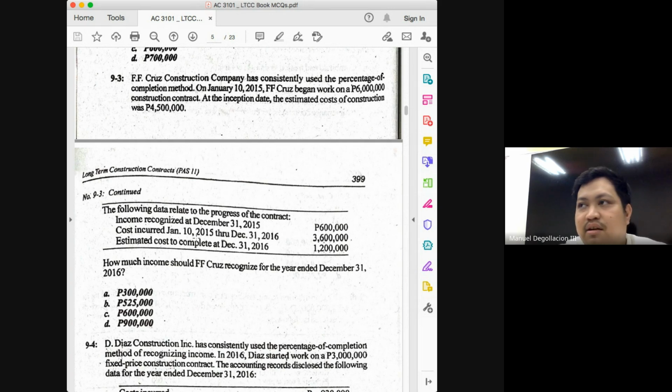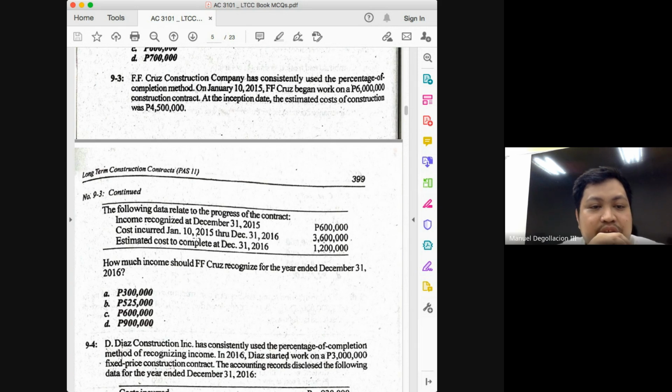Is that the answer, class? No, that is not yet your RGP. What's the next step? Deduct the previous year cumulative RGP. Are we given that? Yes, which is the 600,000. You have to understand the amounts that we need, class. You will not always be given these amounts in the manner that we have discussed.